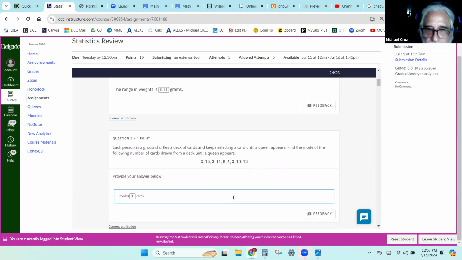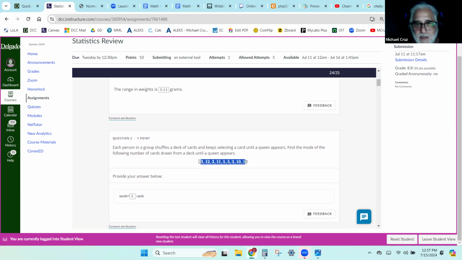So the mode is just the value that repeats the most often in a data set. In this case, there's 4 threes, 1, 2. I'm sorry, there's 3 threes, but still there's no other value that's repeated that much. The 5s repeat twice and the 12s repeat twice. So 3 is the mode.